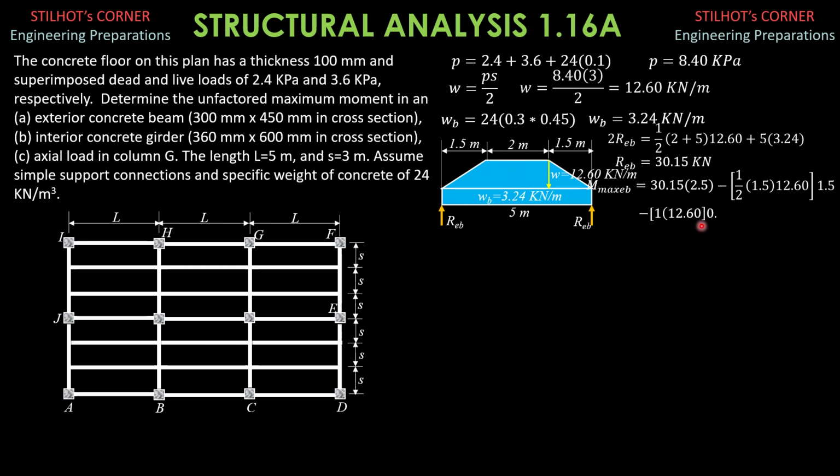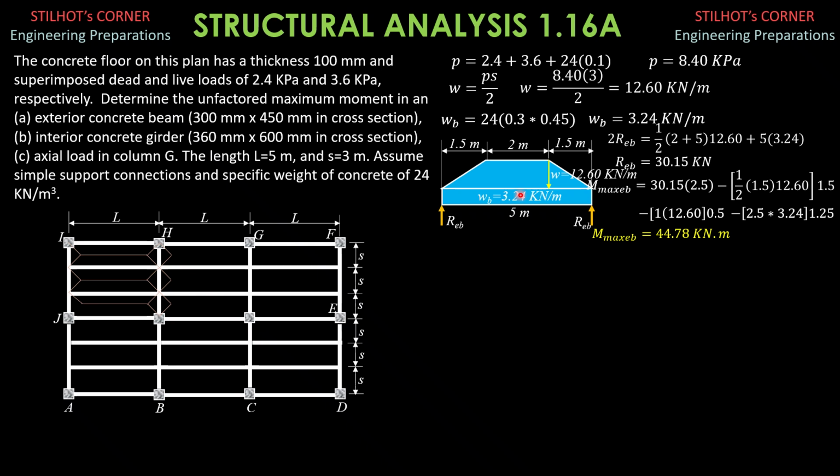So 1, 12.6, 0.5. Then minus the moment of this rectangular loading for the beam, 2.5 meters long. So 2.5 times 3.24. Moment arm is half of 2.5, so 1.25. From here, we can compute the maximum moment in an exterior beam, which is equal to 44.78 kilonewton meters.